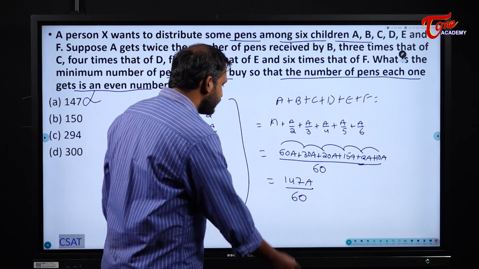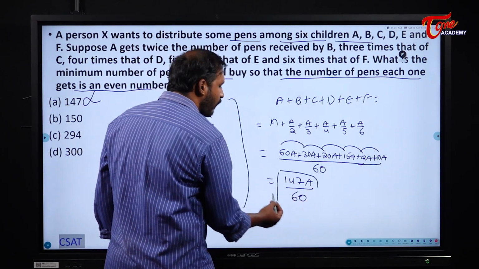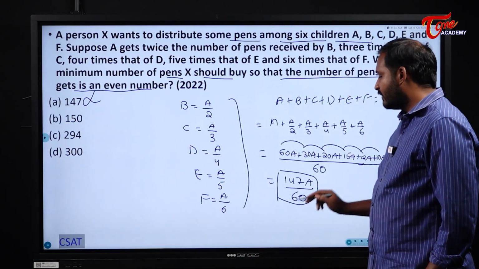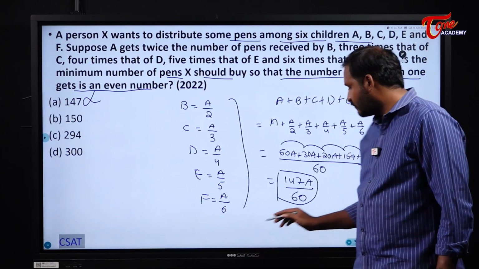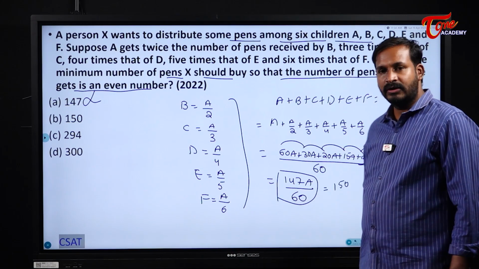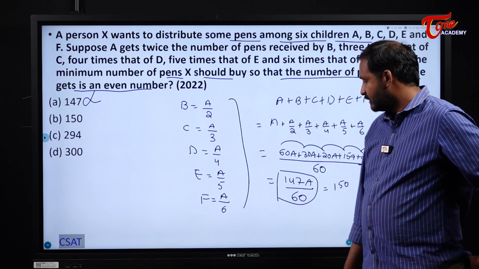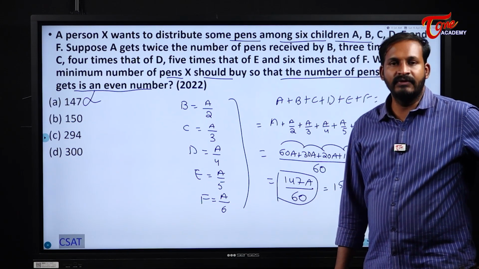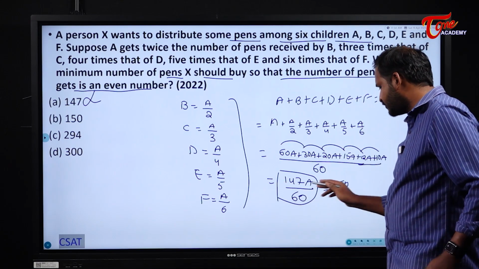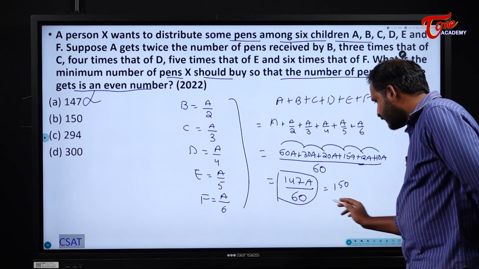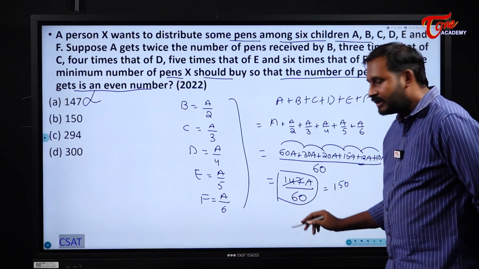Now this 147A by 60 value should be equal to what? If I assume this value is equal to some 150, what will happen? Is it possible first of all to become 150? We will check in general. If I assume this as 150, let me check. See here, in 3 table, I will cancel it.